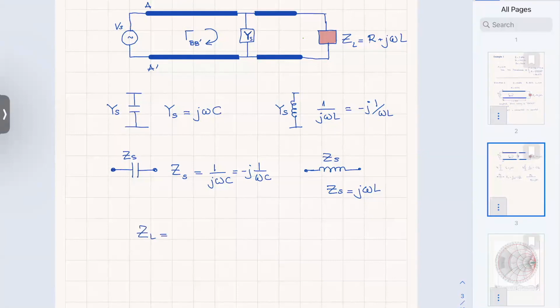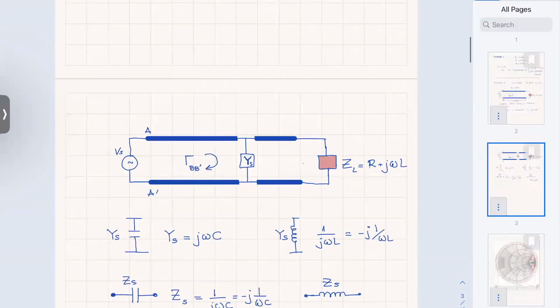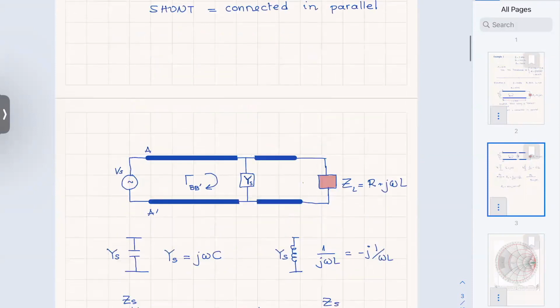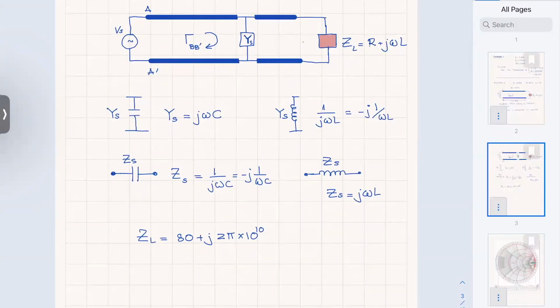ZL here is going to be, what did I give? 80 plus j 2 pi f, where f is 10 to the 10th, since 10 gigahertz is 10 to the 10th, and then L, which is 1 nanohenry, which is 10 to the minus 9. And that is in ohms.